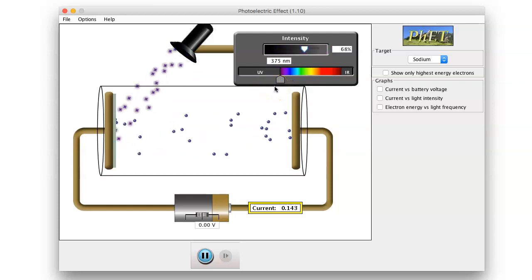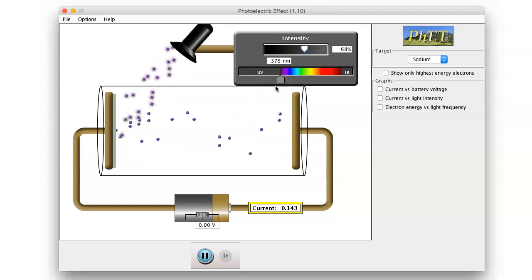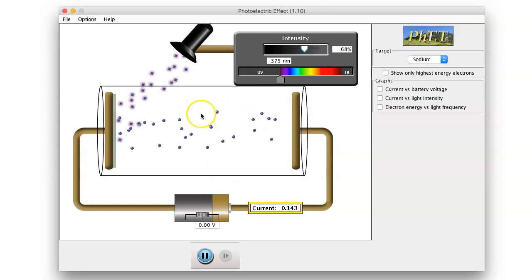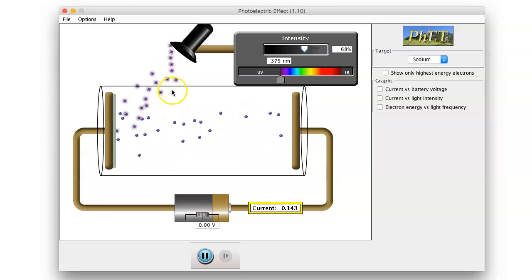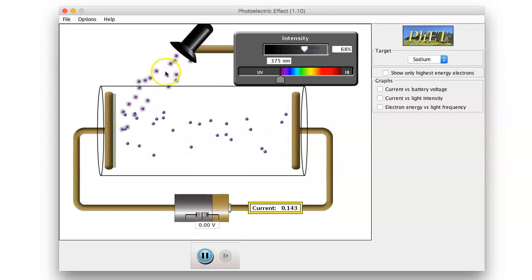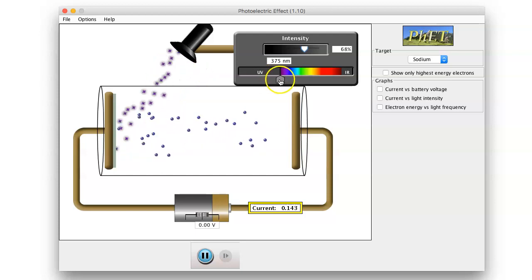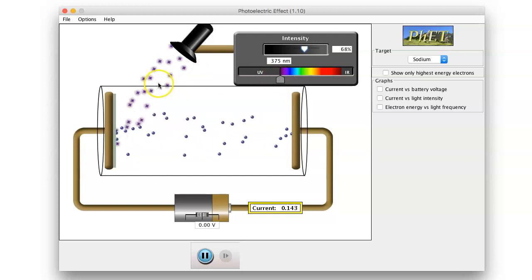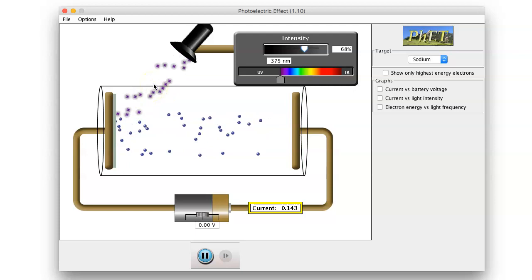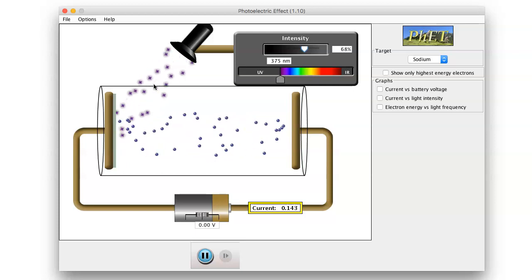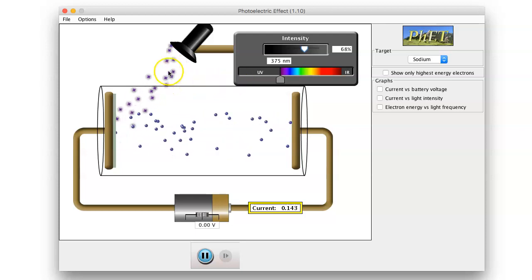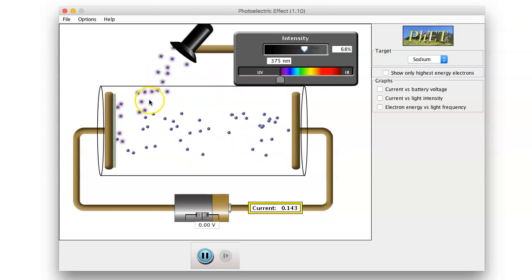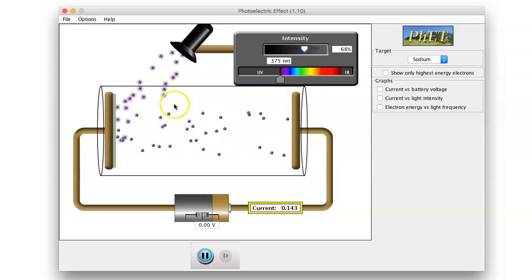One of the most important parts of the photoelectric effect is that the kinetic energy these electrons have is directly proportional to the energy in the photon. So what Einstein said is that each photon, each particle of light, remember it's the wave-particle duality that Einstein first talked about, if its energy exceeds the threshold energy, it's going to eject electrons.